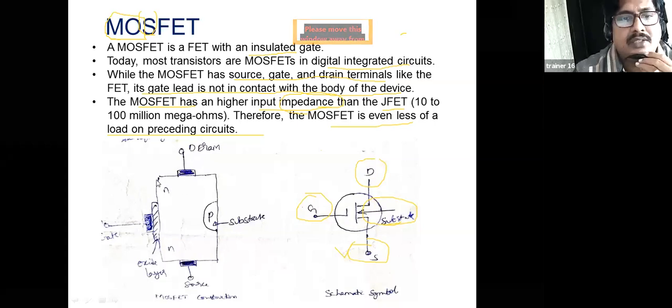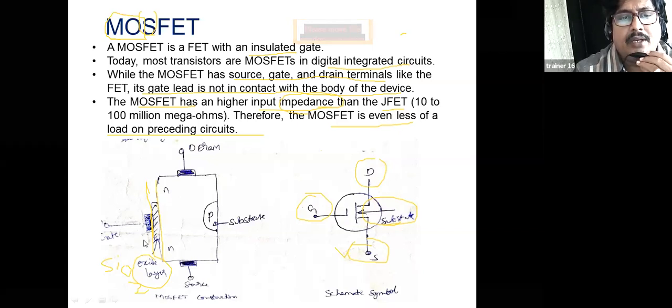If you consider this as one plate and this as another plate, in between the two plates the oxide layer is deposited. That is silicon dioxide, SiO2, deposited on the N channel.